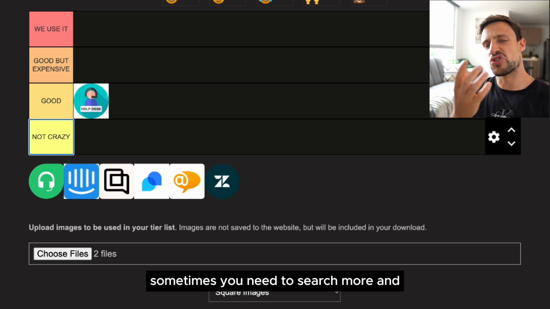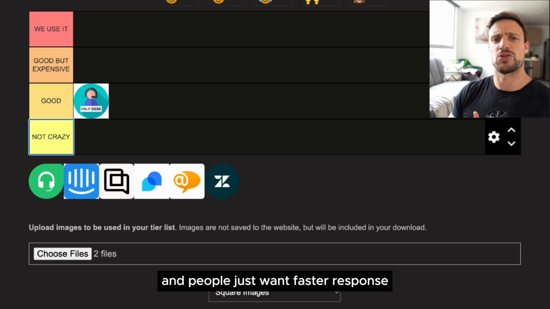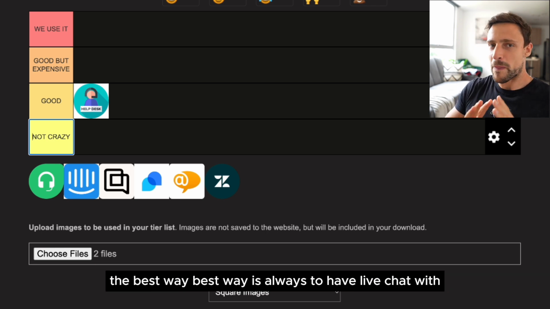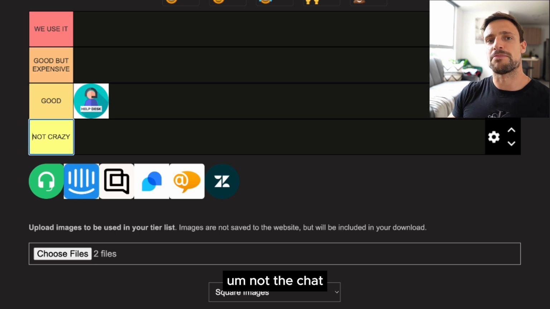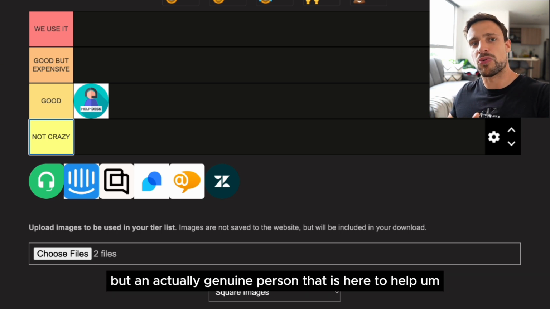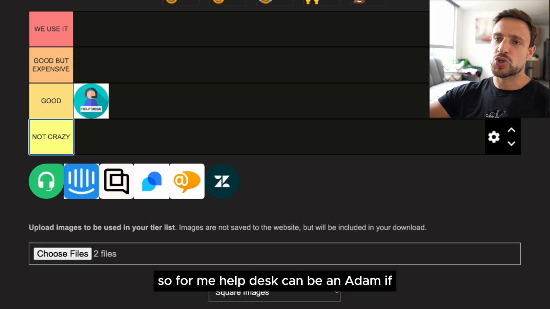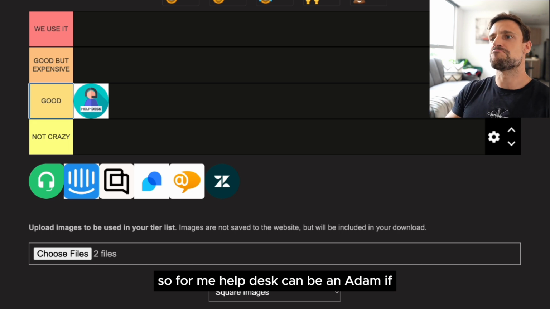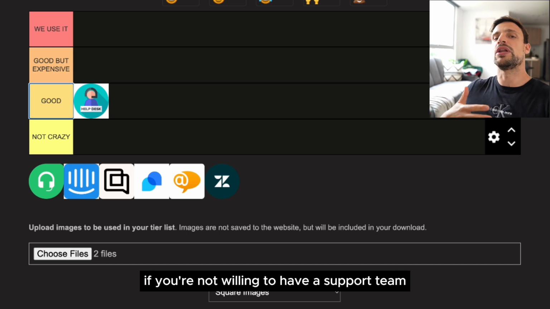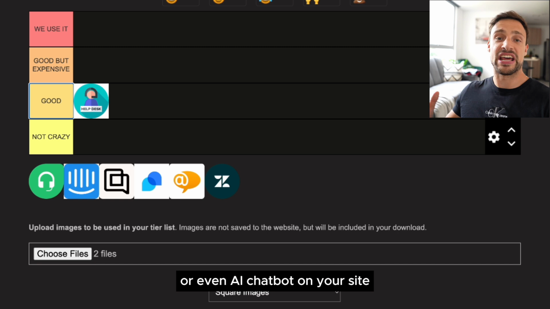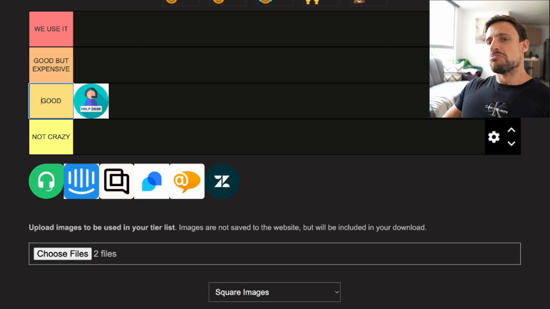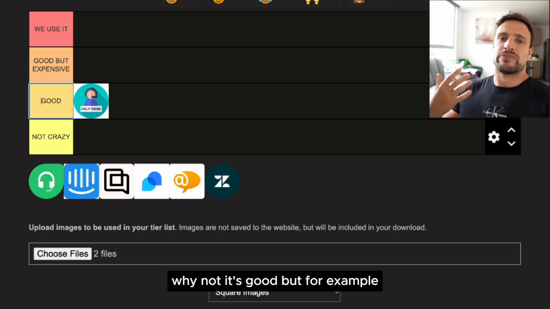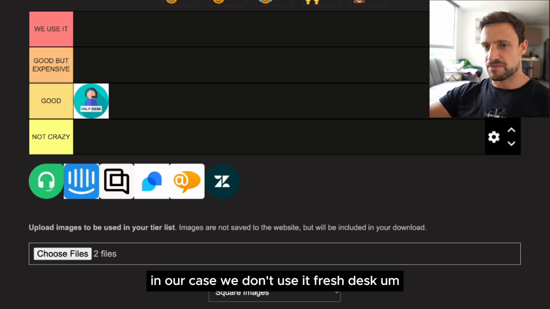Sometimes you need to search more, and people just want a fast response. So of course the best way is always to have live chat with not a chatbot, but an actual genuine person that is there to help. So for me, help desk can be an add-on if you're not willing to have a support team or even an AI chatbot on your site. Why not? It's good, but in our case, we don't use it.